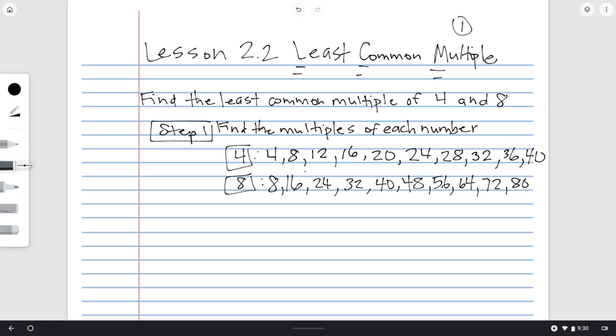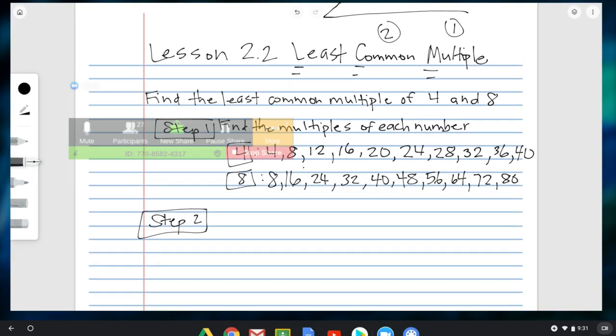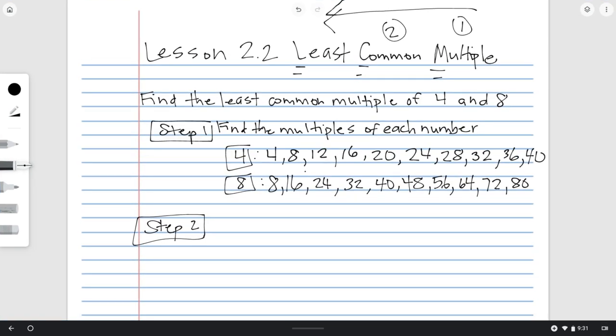Okay, step number 2. Once you find the multiples, we are looking at which ones are common. Okay, so if you can see my pencil up here, I'm just going backwards, because we're looking for the least common multiple.